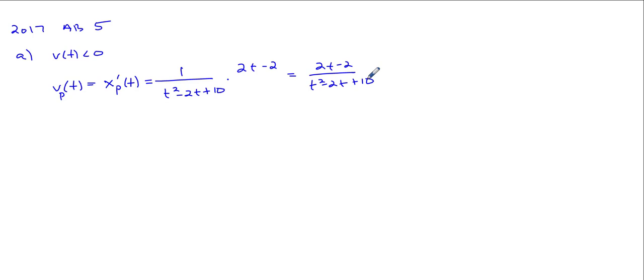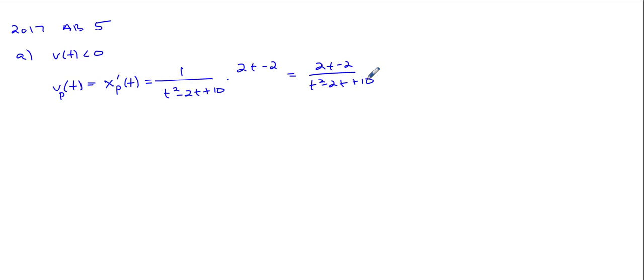Okay, now, to know when something is moving to the left, you have to know where this particle is stopped. Where is a particle stopped? What's 0? I mean, in general, what is 0? Velocity.